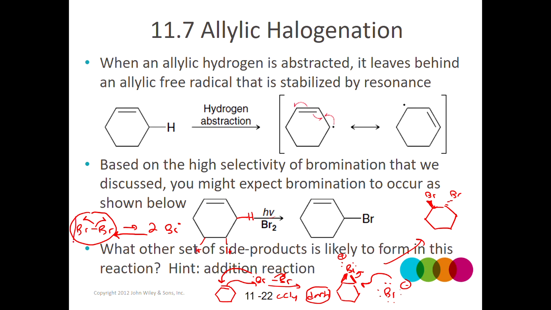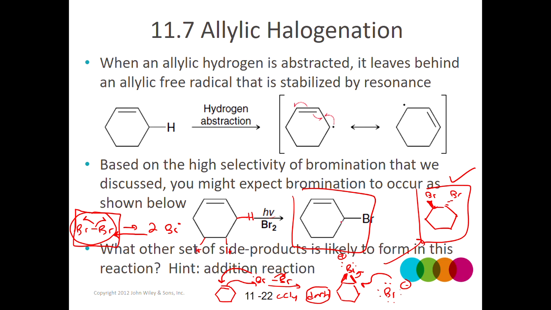But if most of the molecules are in the form of the molecule, then this reaction will also occur, and I'll have this product formed along with the one I'm trying to make. So if I'm trying to form this product, I do it in the dark, I have no problem. If I'm trying to form this product, I really can't with this set of conditions, because adding Br2 will produce some radicals.